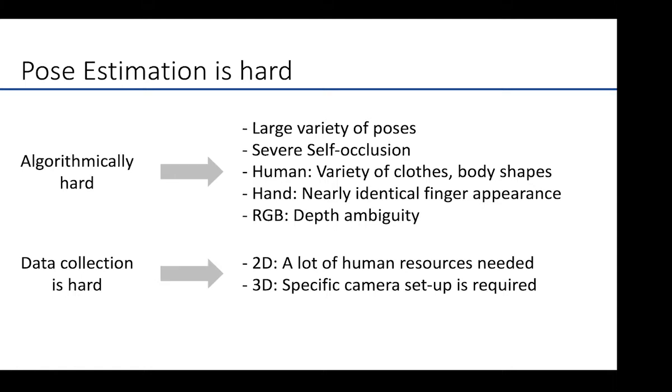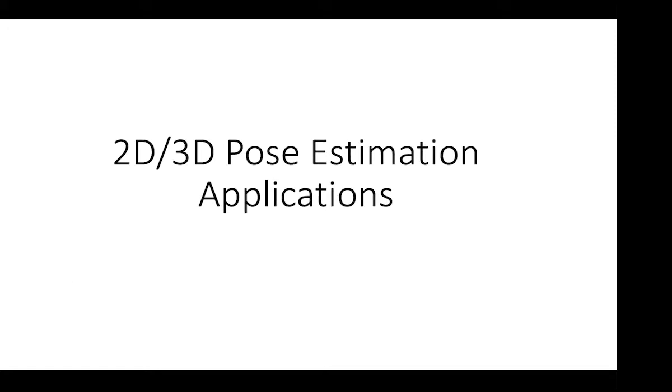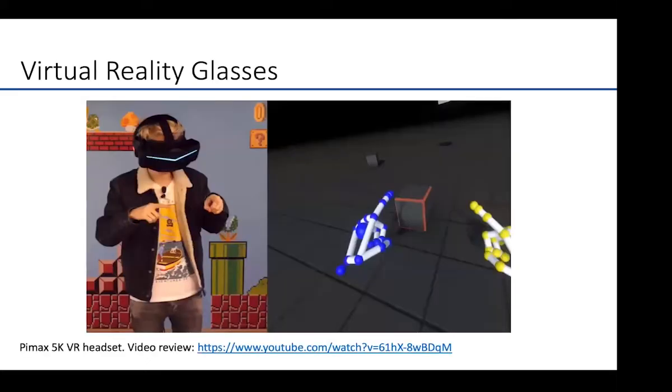Okay, so next, applications. I will just show one application which I think is very cool, but if we have time, I will show some other projects or cases where you can use hand pose or human pose. So this is virtual reality glasses. It is a commercial video for Pimax, but I think other virtual reality glasses use the same algorithm.